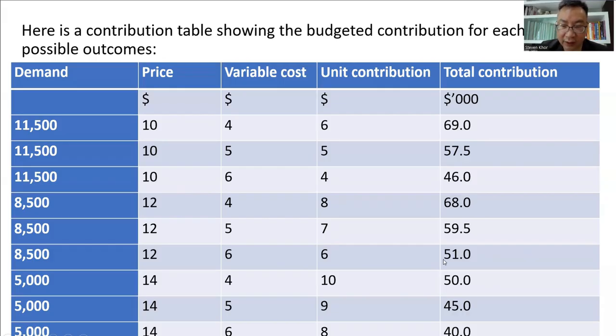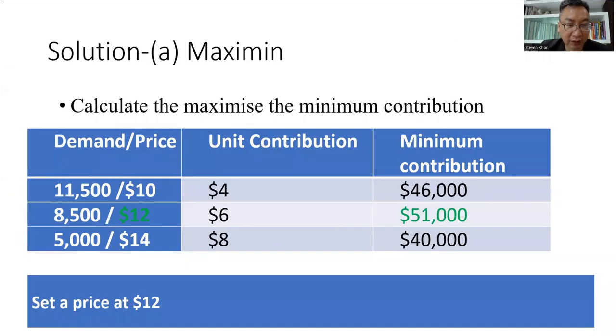Okay, 50,000 in terms of the total contribution. So let's say you are taking the decision rule based on the Maximin. So you need to calculate the minimum contribution. You see, let's say you set the price at 10, so the demand is 11,500, right?